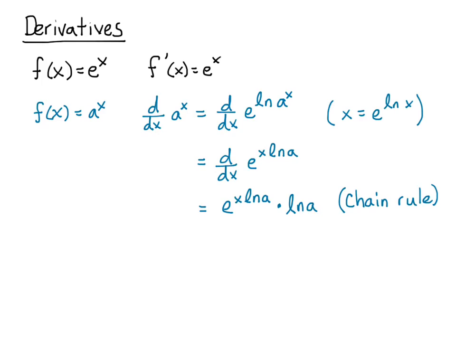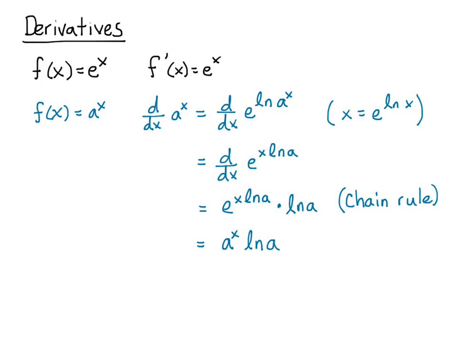That's an easy derivative because ln a is a constant, so it's just going to be ln a. Okay. And then there's one more step. Remember I had this e to the x ln a, that is what we started with here. And I can put that back into the a to the x form. And so the derivative of a to the x is a to the x times the natural log of a.